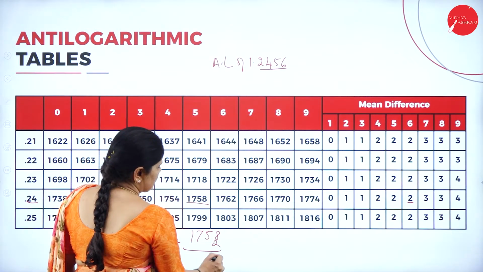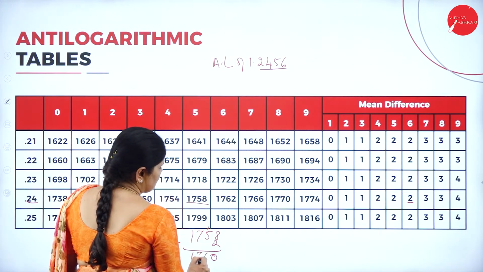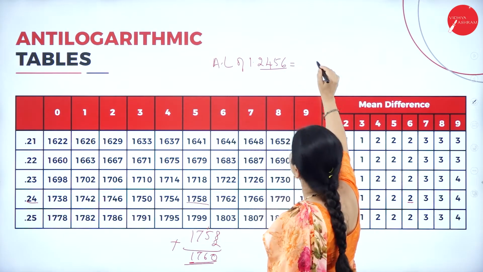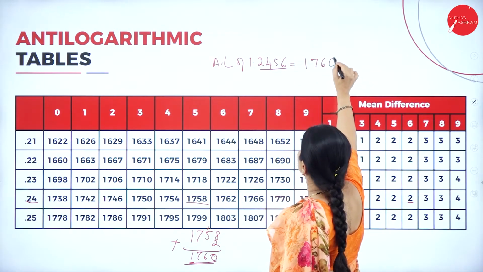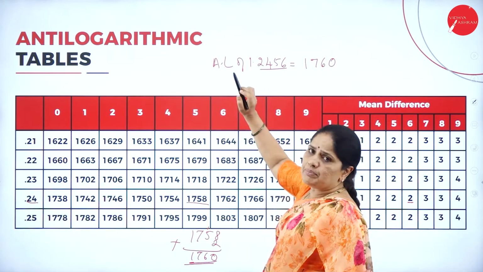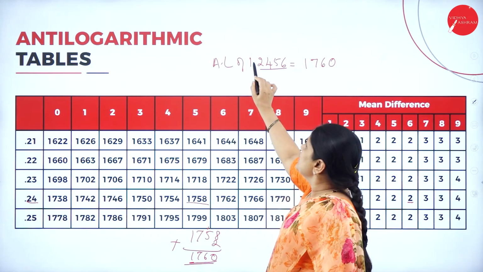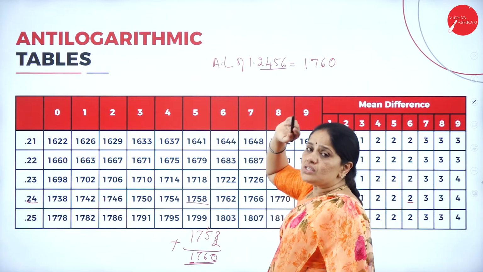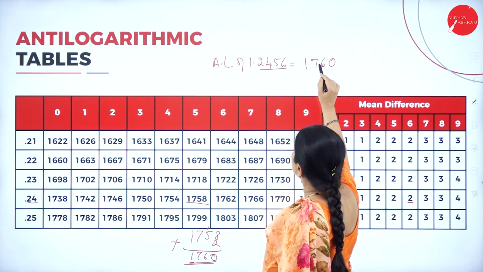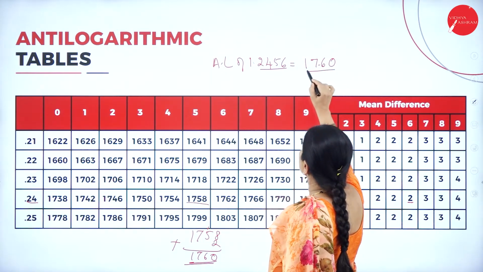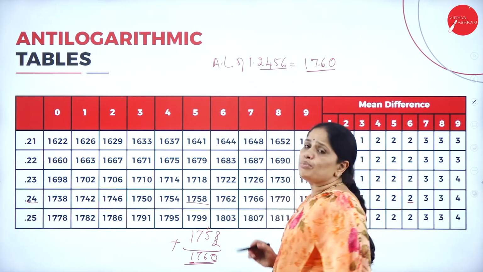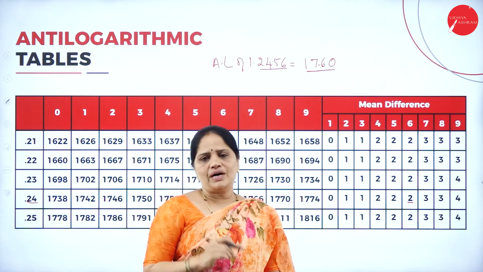So, 8 plus 2 is 10, borrow 1, 6, so 1760. Now, count the number of digits to the left of the decimal point. To the left of the decimal point, we have 1. So, 1 plus 1 is 2. After 2 numbers, I put a decimal point. So the anti-log value of 1.2456 is 17.60.